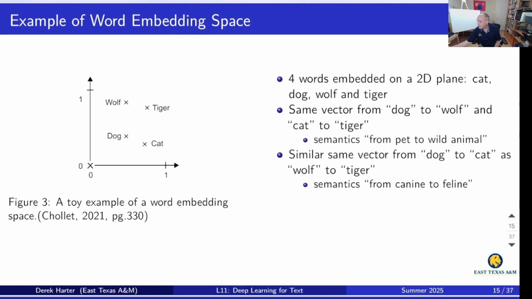The same vector from dog to wolf is set up just as an illustration to be the exact same vector from cat to tiger, right? If I just took this vector and moved it over here, it would be the same vector in this 2-dimensional space, okay? That's because in an ideal embedding space, it's embedding a semantic.